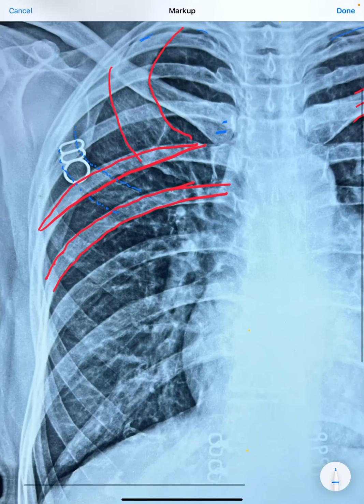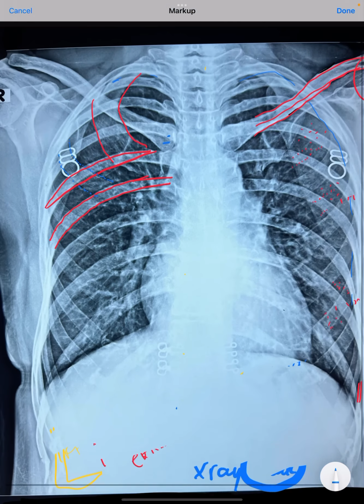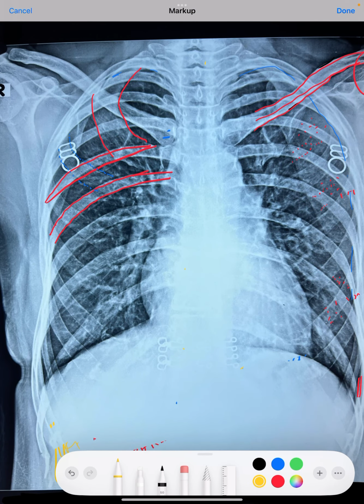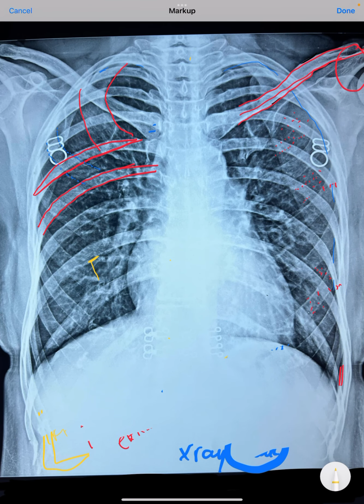So you have to see the distance between the intercostal spaces. In short, you have to compare this space, this space on the same side and on the opposite side. You have to compare these spaces to these spaces, and make sure whether they appear almost equal or whether there is a significant difference.